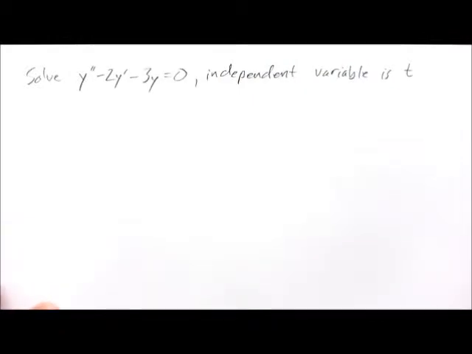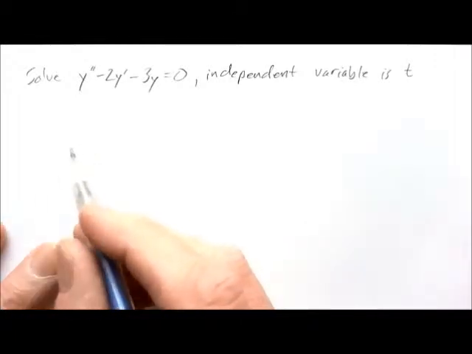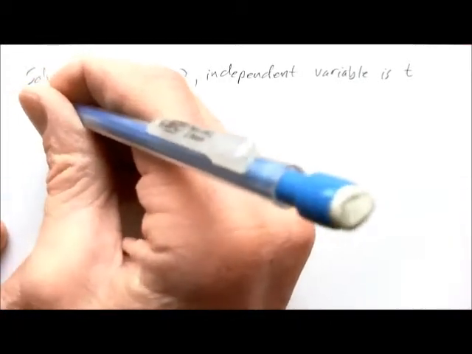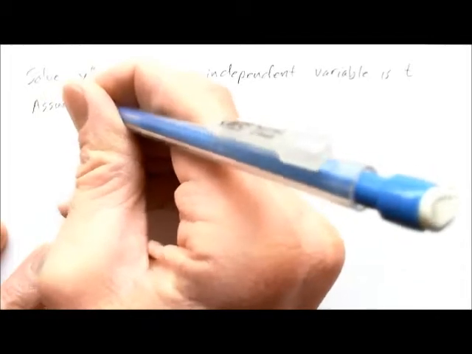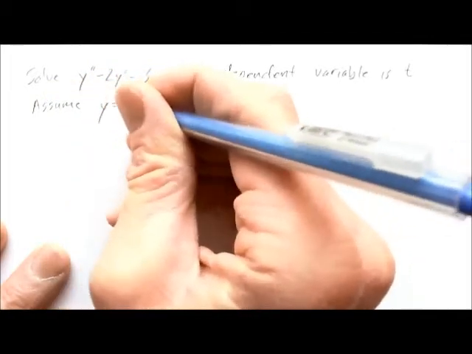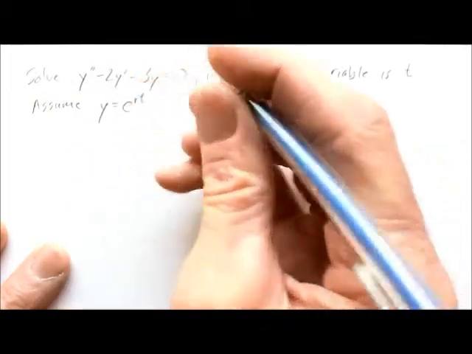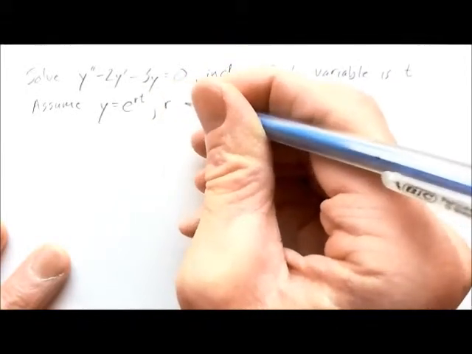And the one place that happens is when we have exponential functions, because the derivatives of exponential functions are essentially the original exponential function. So let's assume, as a guess, that y looks like e to the rt, where r is some constant.